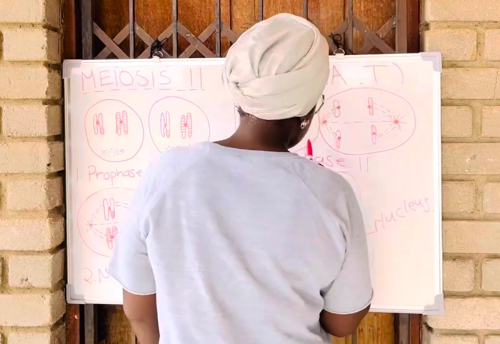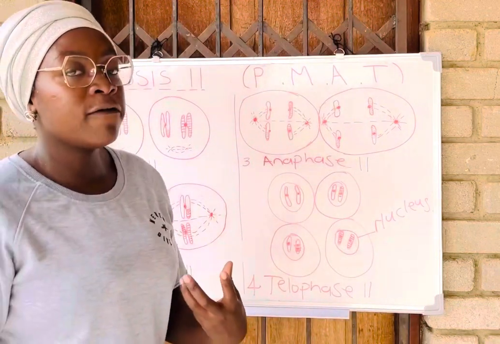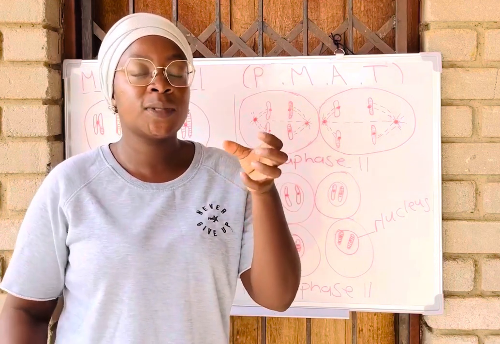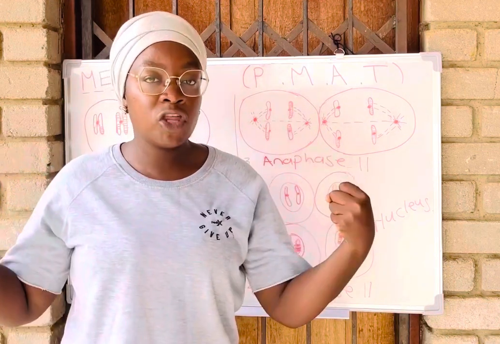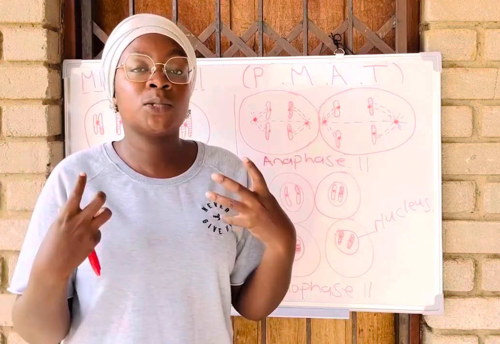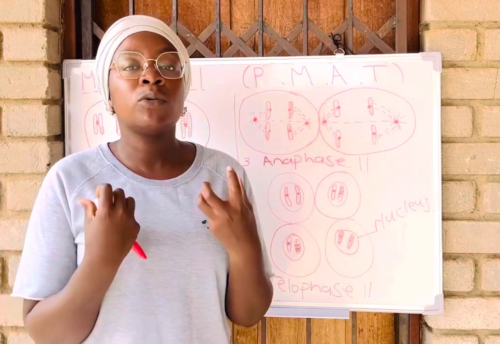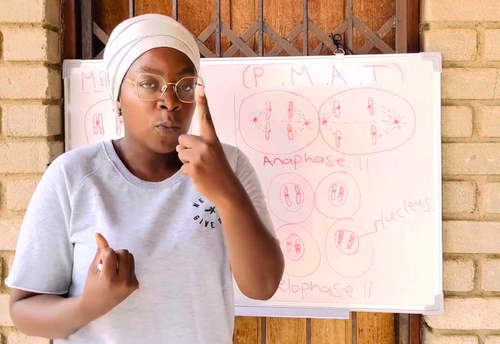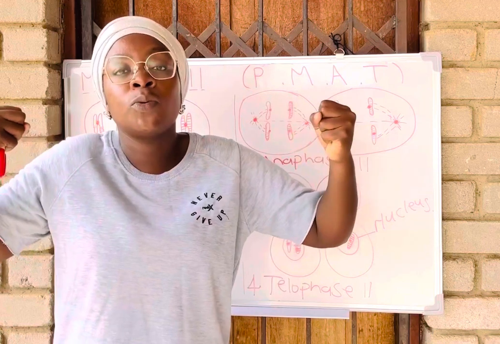With anaphase 2, remember in meiosis 1, we had the homologous chromosomes being pulled away from each other. Now they still need to do the pulling. The spindle fiber needs to be pulling something. But since we do not have the homologous chromosomes, it means one chromosome is going to be pulled to the opposite side.